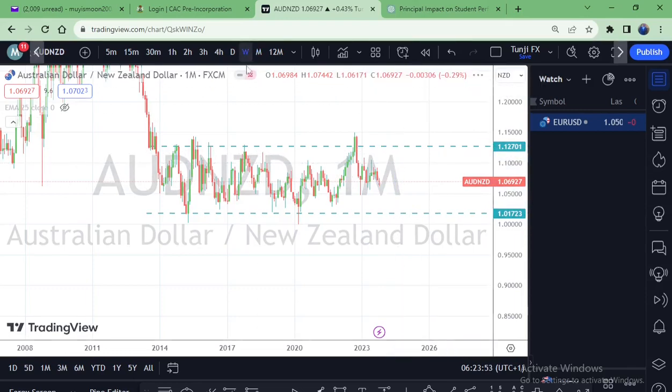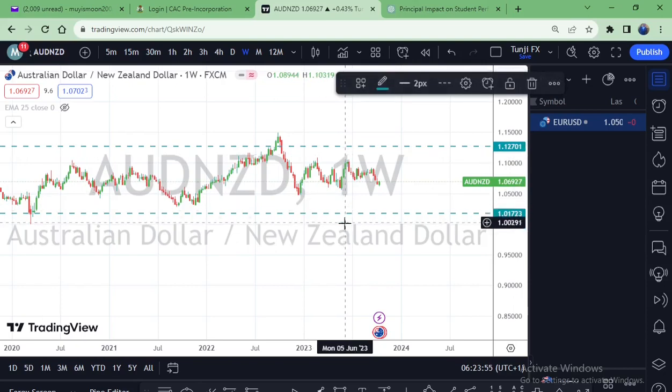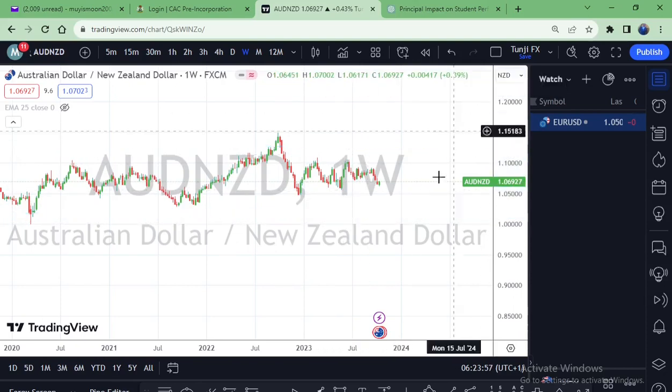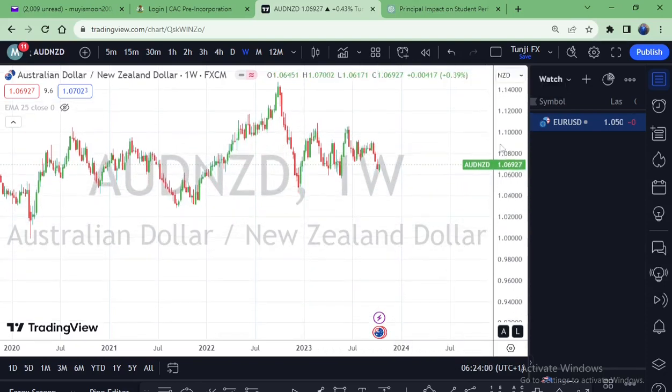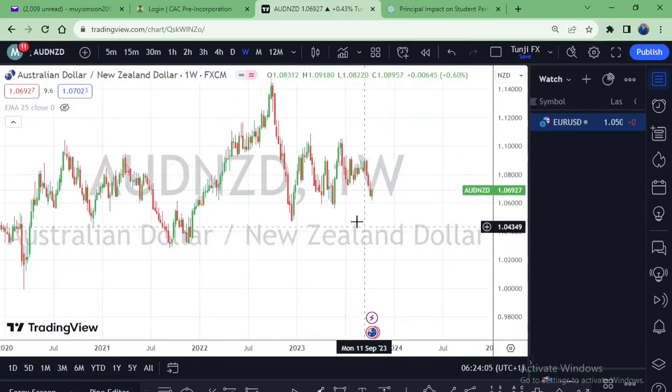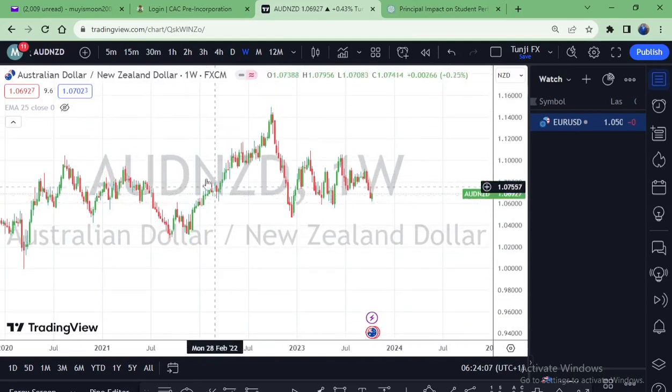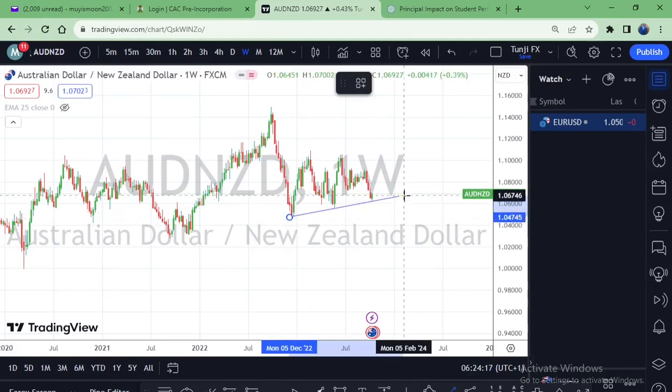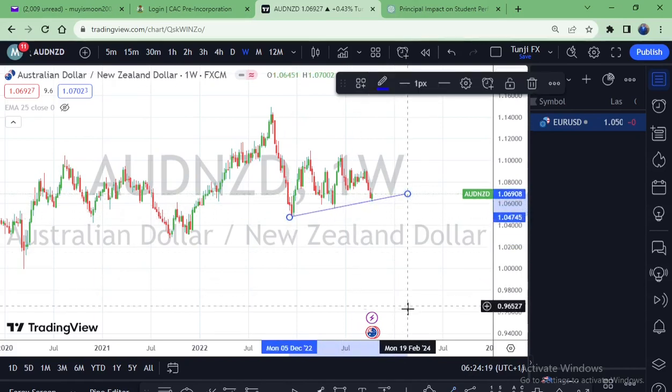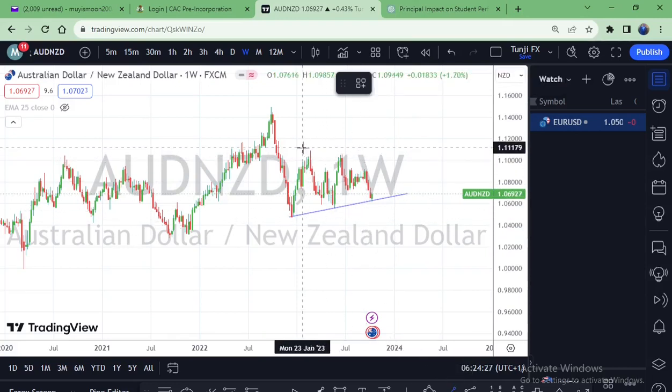So these are the two scenarios we're looking at on the monthly. Quickly on the weekly, this market is showing us this pattern. I don't know if you can call it a triangle.